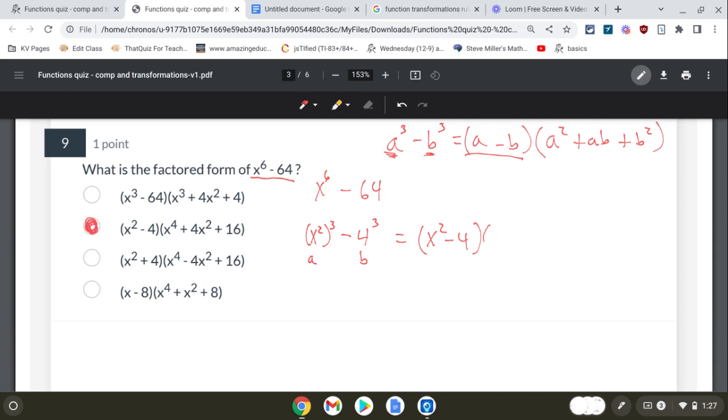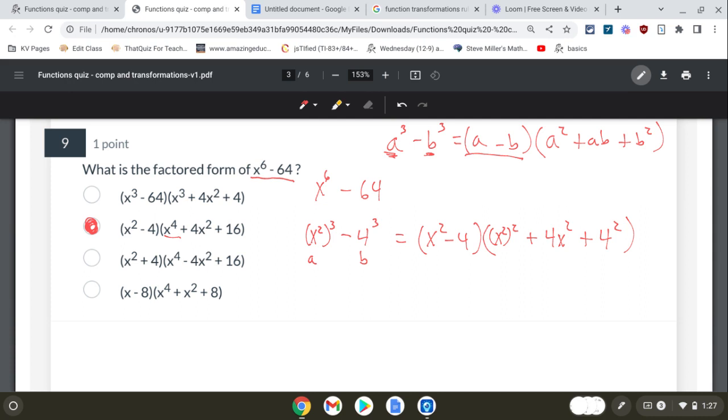And then the rest of it's going to be a squared, which is x squared squared, and that becomes x to the fourth, plus a times b, which is x squared times 4, or 4x squared. And then the last one is b squared, which is 4 squared. So that's going to be 16.